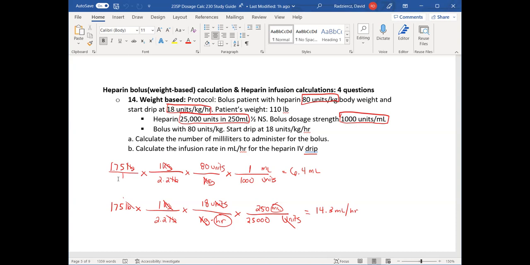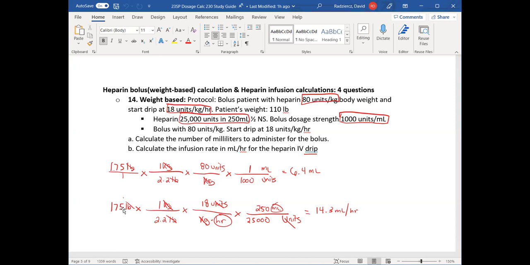If you start with milliliters per hour first, then that's perfectly fine. You would just do the reverse order of what I did. You would write step 1, step 2, step 3, step 4. I do it backwards maybe from what you have seen, but it comes out to the same answer.